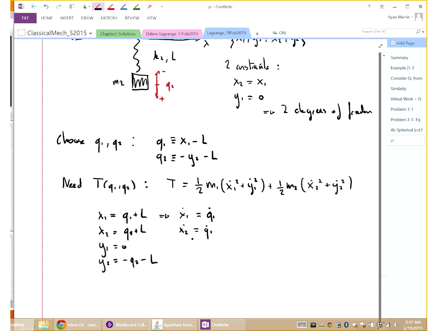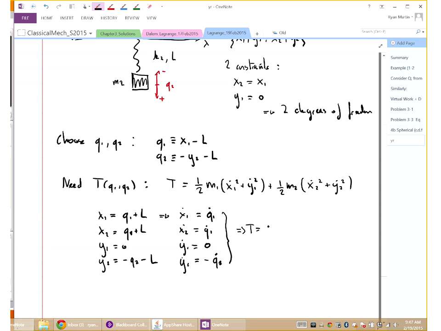x2, of course, is going to be the same, so x2 dot is also q1 dot. y1 dot, well, d by dt of 0 is 0, and y2 dot is going to be minus q2 dot. And again, that makes sense because q2 is positive in the downgoing direction, whereas y is positive in the upgoing direction, so that's why you have a change in sign there.